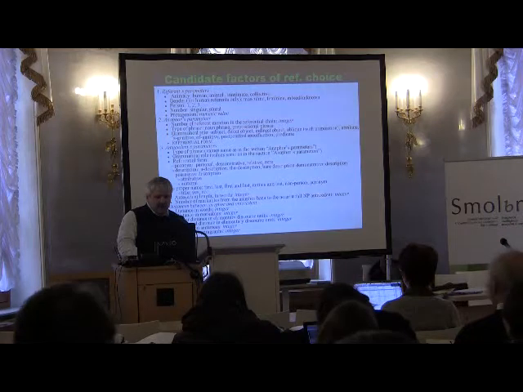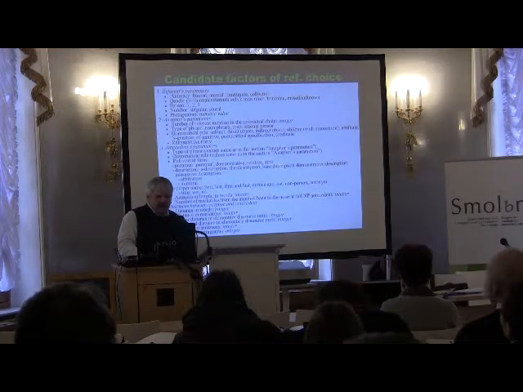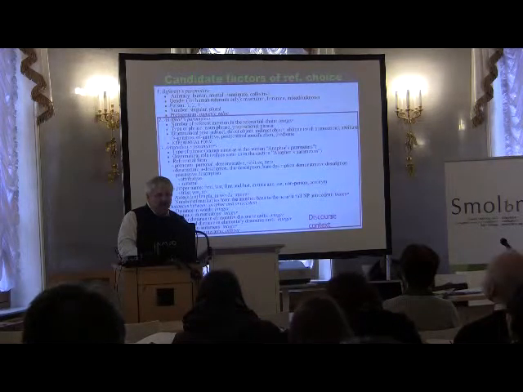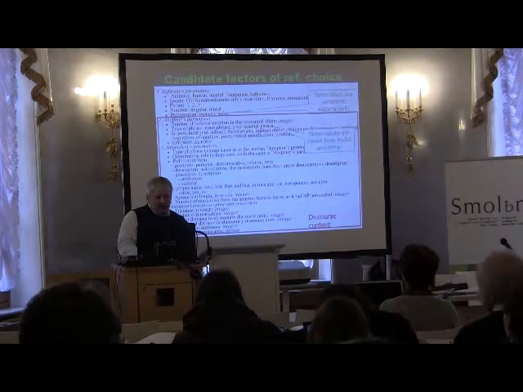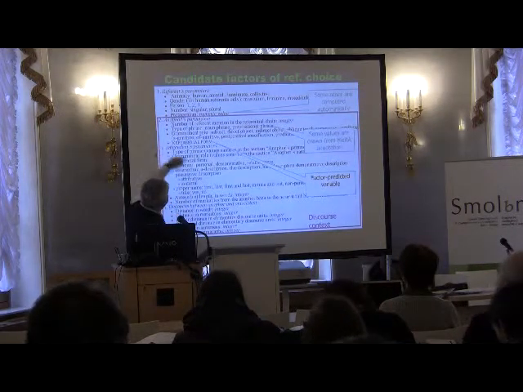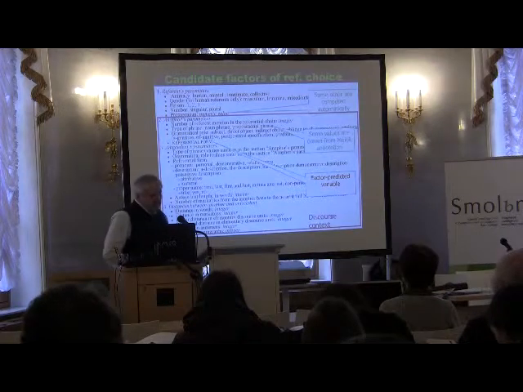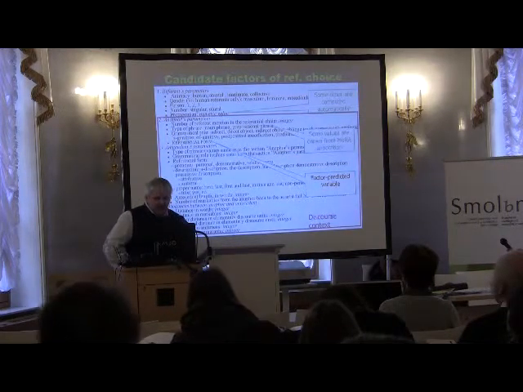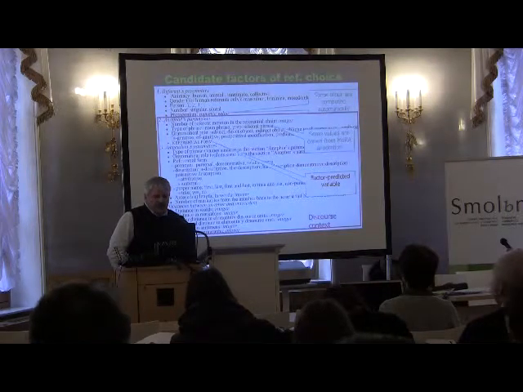And here is the list of possible factors affecting referential choice. There is one large group with internal classification that are discourse context factors, and at the top of this list there are reference features factors. Some of the factors are computed automatically.